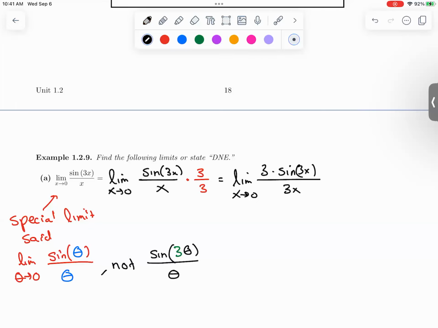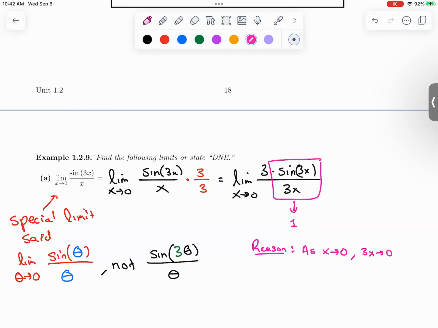However, I'm going to claim that this goes to 1. And the reason for that is as x goes to 0, 3x will also go to 0.